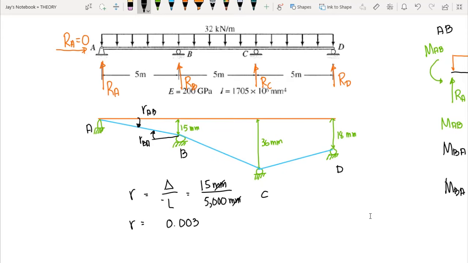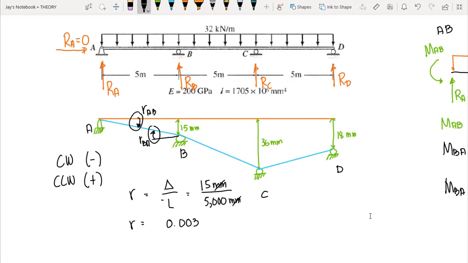Now what would be the sign of the rotation here? Take note, the rotation, or the slope, rotates in a clockwise direction. Since this one is clockwise, that means we have a negative sign. If you have counterclockwise rotation, we have a positive sign convention.